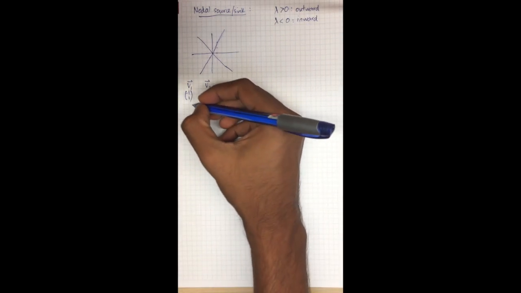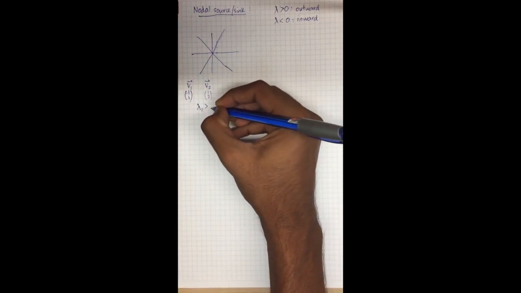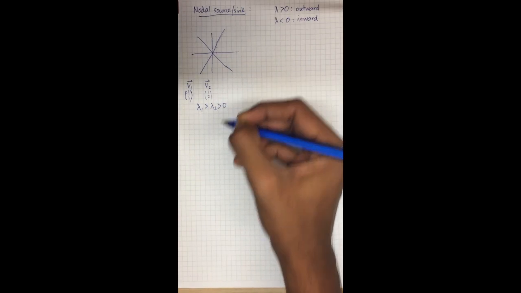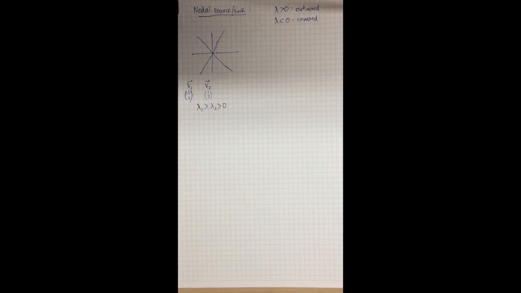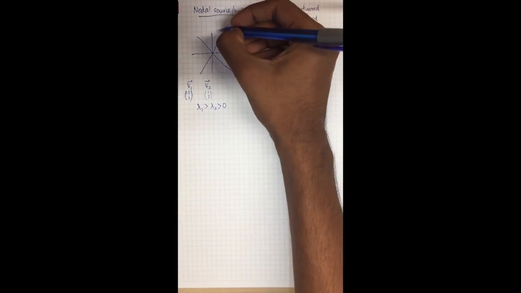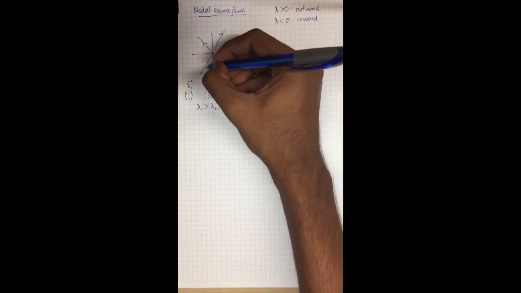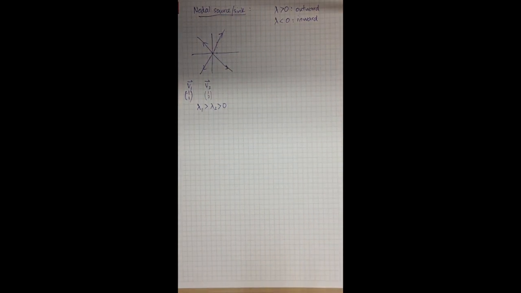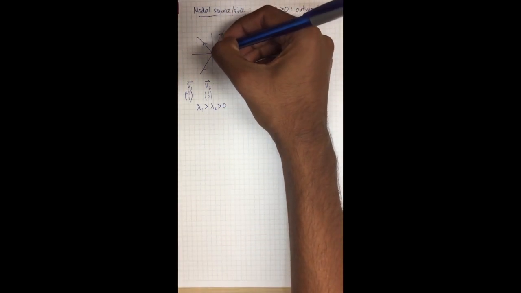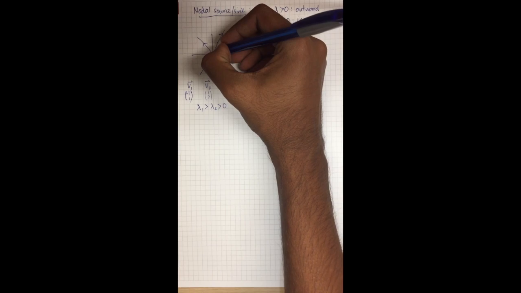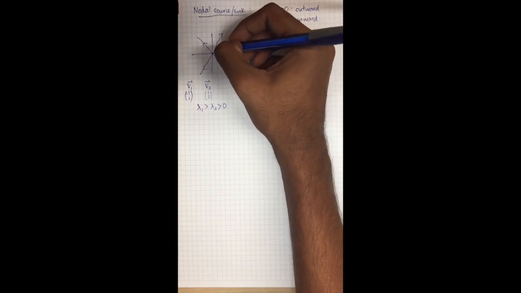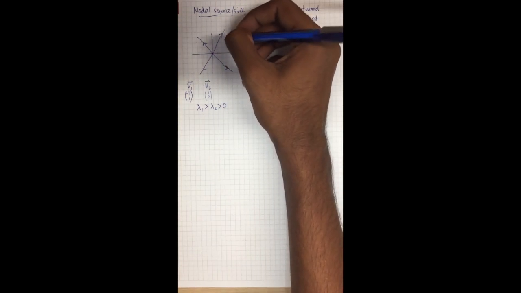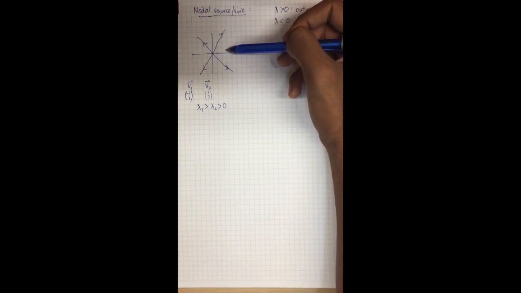Now I'm saying that if my lambda 1 and lambda 2 are greater than 0, which means they're both positive, it's going to go away from the origin. So I can just draw these things so that I can start visualizing how it looks. In this case, I'm going to start from the origin. Let's say I come to a point in this region.